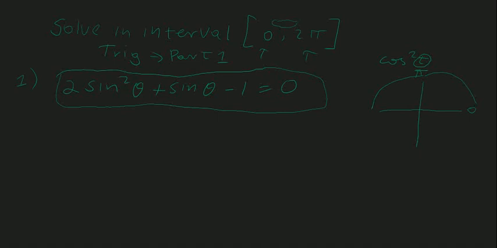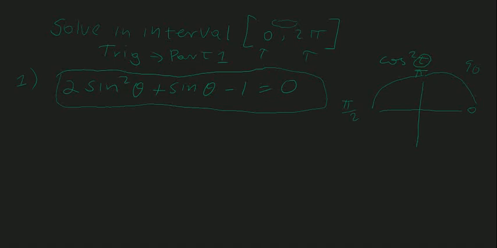Let's say this is the 90. From here to here is 90, and then pi over 2. I'm doing everything off the top of my head, okay?